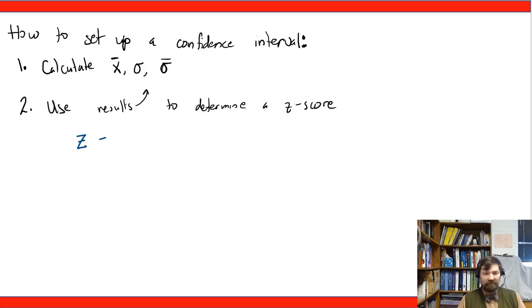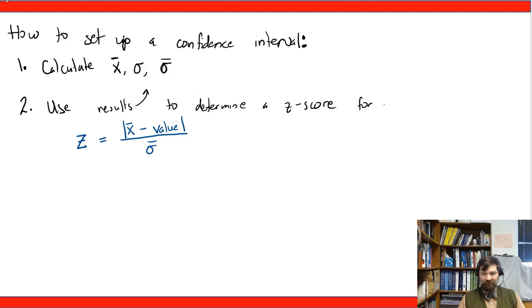Okay, the calculation for that is usually like this. Z is equal to the difference between this and whatever you're comparing to. I'll just use value here, divided by sigma.